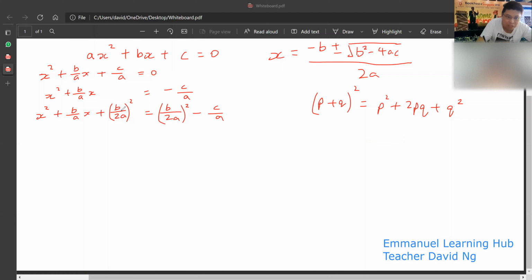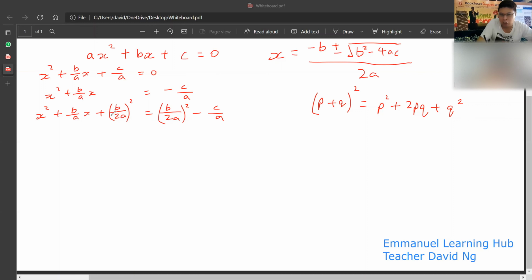Then I added B over 2A in a bracket square, right? And you learn in maths, for equation, if I add whatever to my left side of the equation, I must add the same quantity in my right side of the equation. Am I right? So if I add B over 2A square on my left side, I will add B over 2A bracket square on my right side.